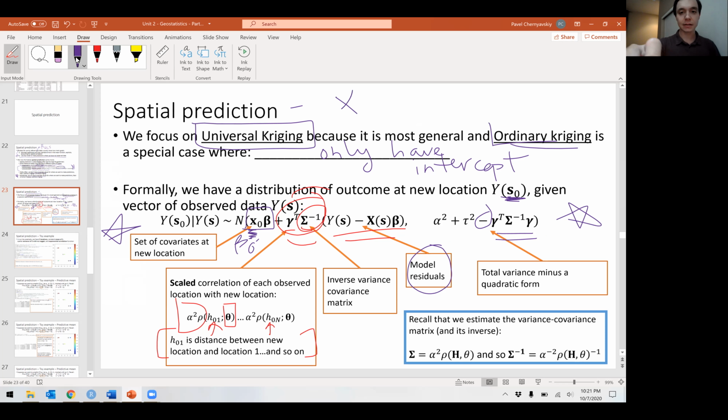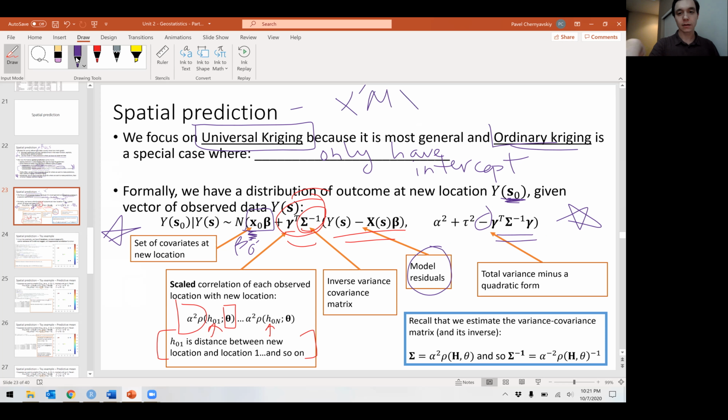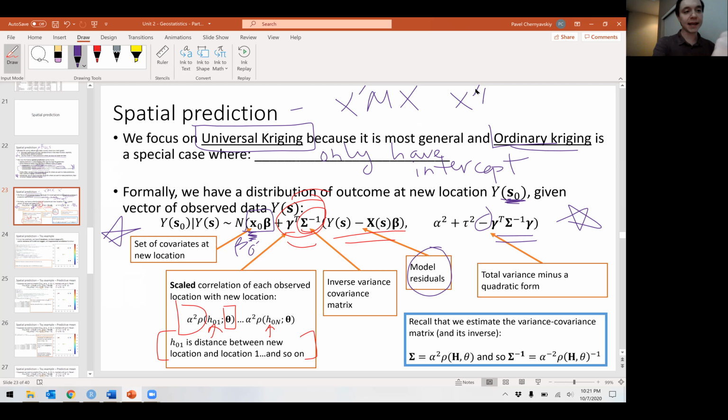Anything in this format, where you have a vector prime matrix vector, is called a quadratic form. So we reduce the uncertainty of this prediction by the magnitude of correlations between all of our observed data and the new unobserved location. So let's spend some time digging into these spatial weights.